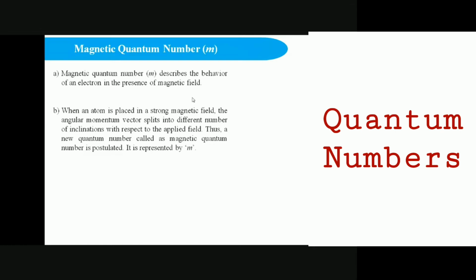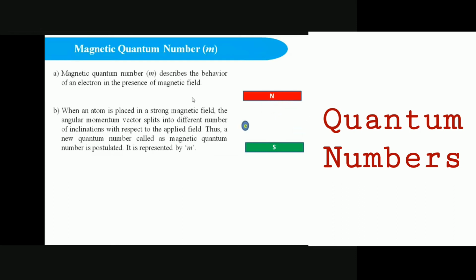Let's see how it visualizes. So this is the north, this is the south. So this is a very strong magnetic field, and when the electron is placed, it will move in various orientations due to the splitting of vector. Okay, it is obvious because our right hand thumb rule suggests that whenever there is an electric field, there has to be a magnetic field.